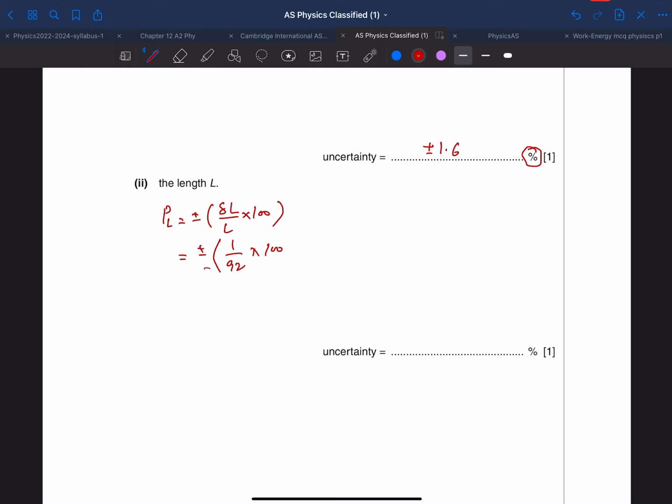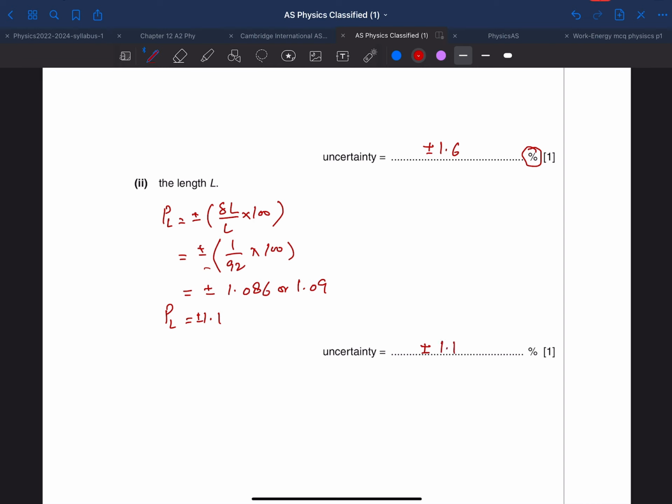Multiplying by 100 gives the answer as plus minus 1.086, or simply you can write 1.09, or to get a better value with a better significant figure, you can write 1.1. So a better answer will be 1.1.